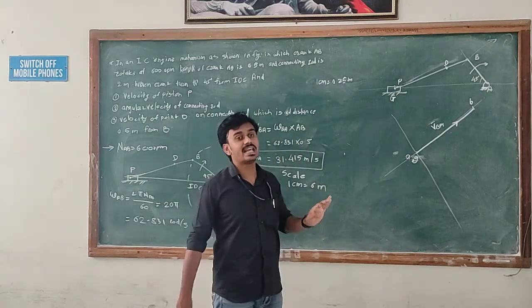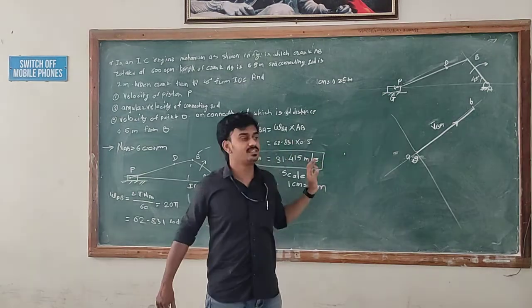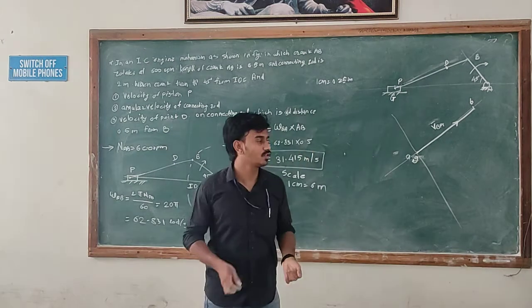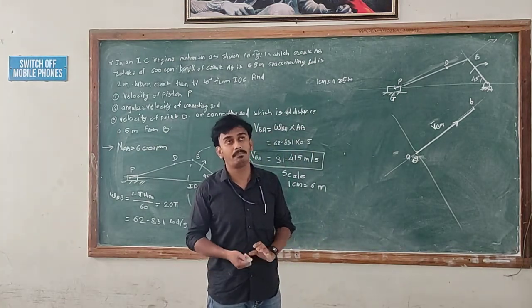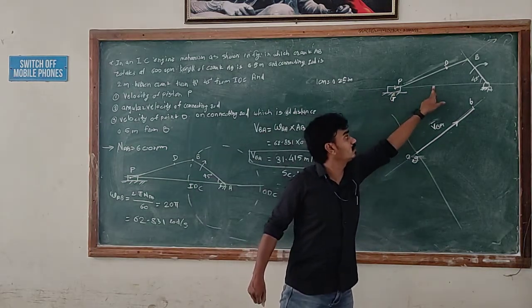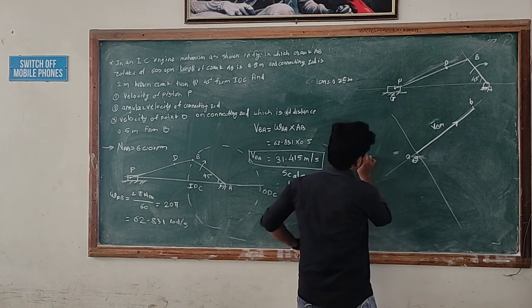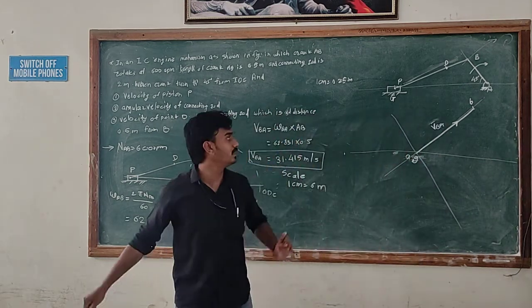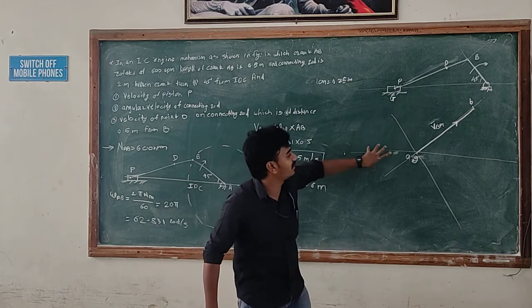Therefore, the direction of the velocity of the point P is horizontal and it is passing through G. So we will draw one horizontal line, or one line parallel to this stroke line, passing through the point G. So suppose this is our stroke line. Means this point P will appear on this line.